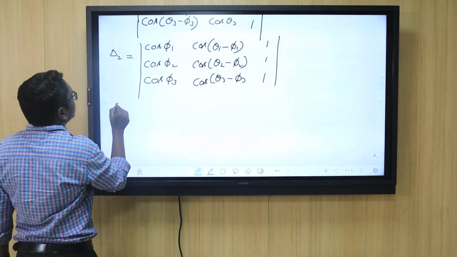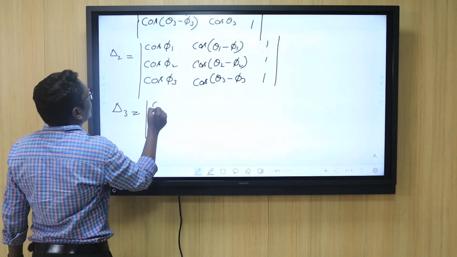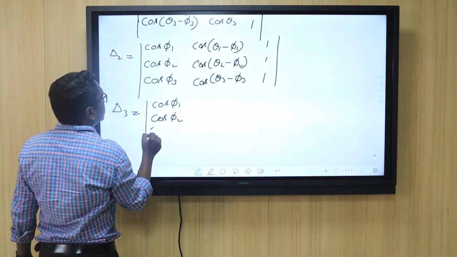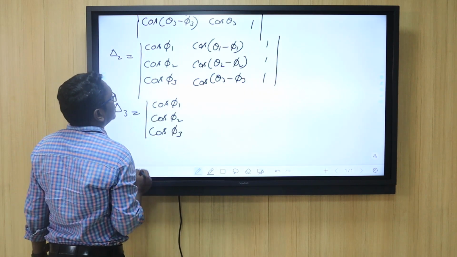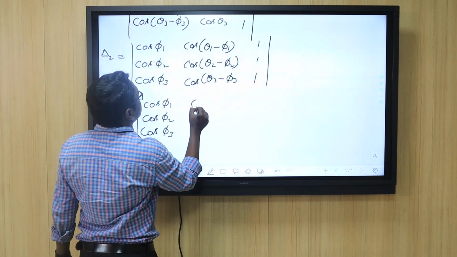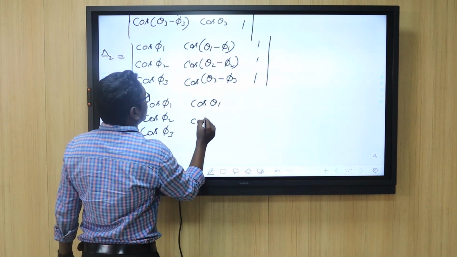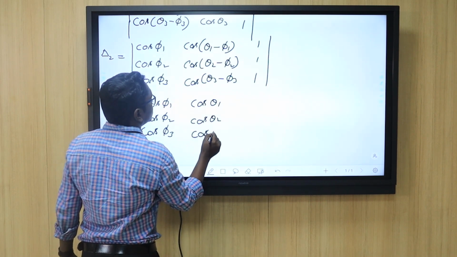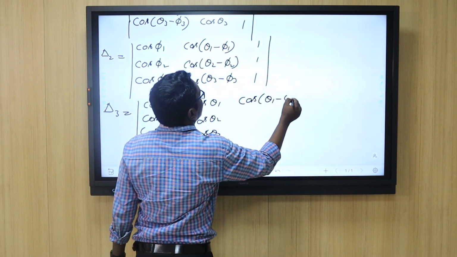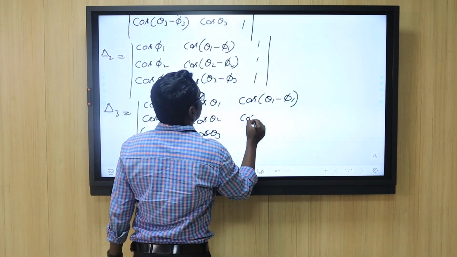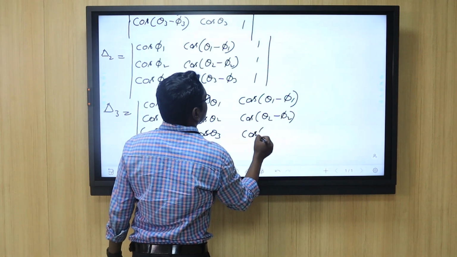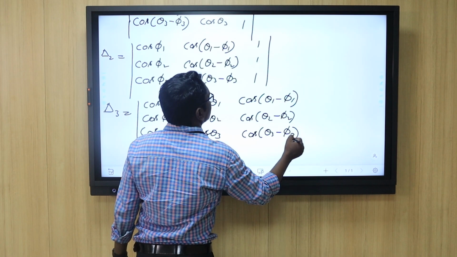So next one is delta 3: cos phi 1, cos phi 2, cos phi 3, and the second line is cos theta 1, cos theta 2, cos theta 3, and the final line is cos theta 1 minus phi 1, cos theta 2 minus phi 2, cos theta 3 minus phi 3.